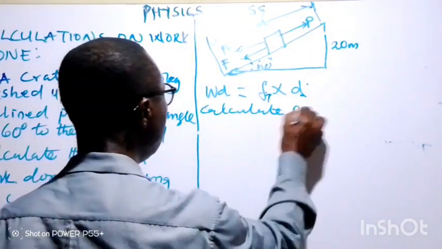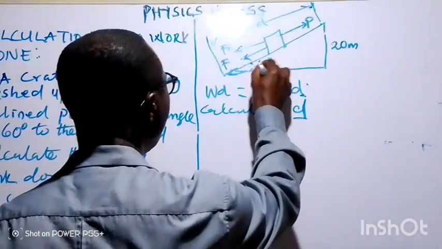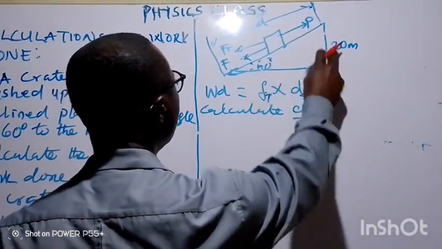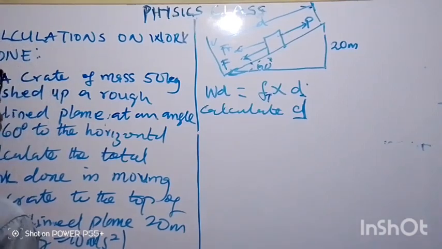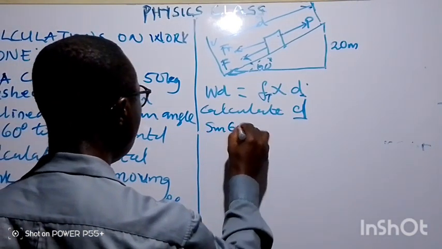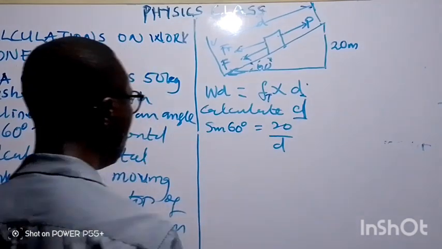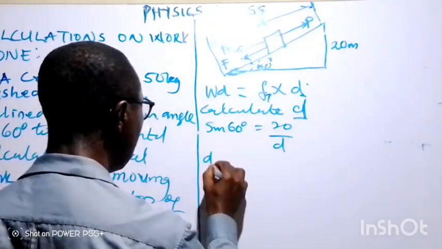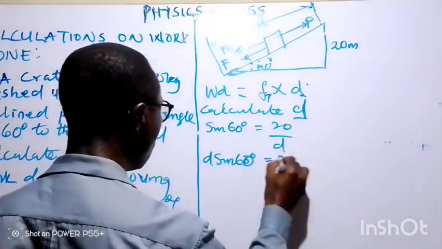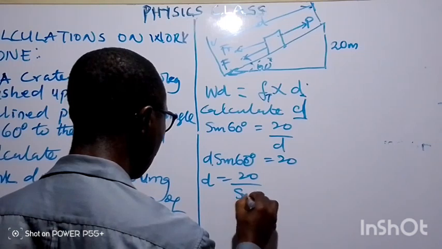D now. So using the diagram on the board, to calculate D, this is the opposite, this is the hypotenuse. So sine 60 degrees is equal to 20 over D. So D sine 60 degrees is equal to 20. So our D is equal to 20 over sine 60 degrees.